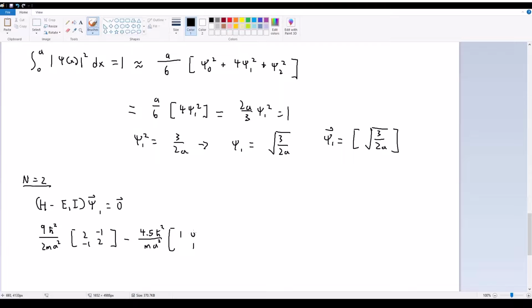1, 1, 0, 0 for our 2 by 2 identity matrix. This whole thing is then multiplied by psi 1, psi 2 for our 2 by 1 vector. And this is equal to 0, 0.